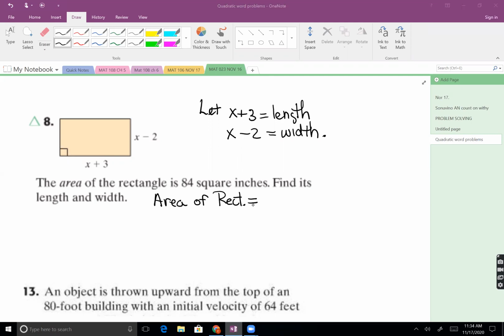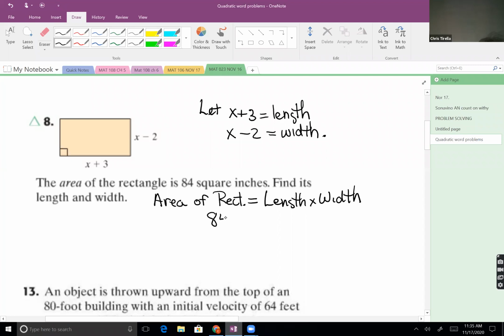Length times width. Beautiful. So here we know the area, 84, is equal to the length, x plus 3, times the width, x minus 2.